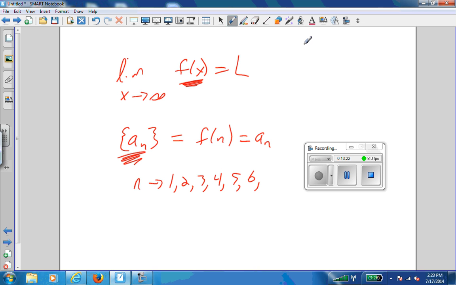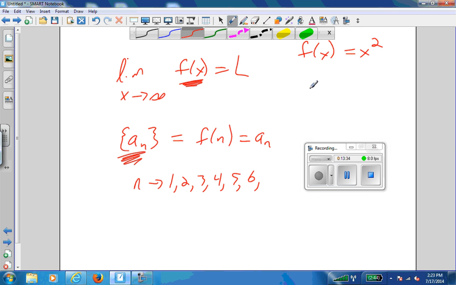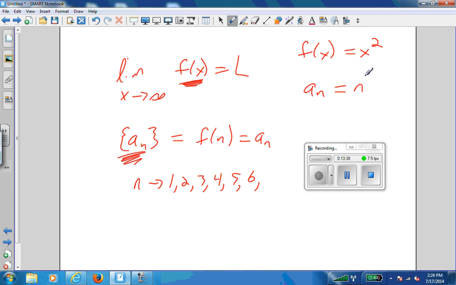So, for example, if I have the function f of x equals x squared, the corresponding sequence would be a sub n equals n squared. This function is defined at any real number.